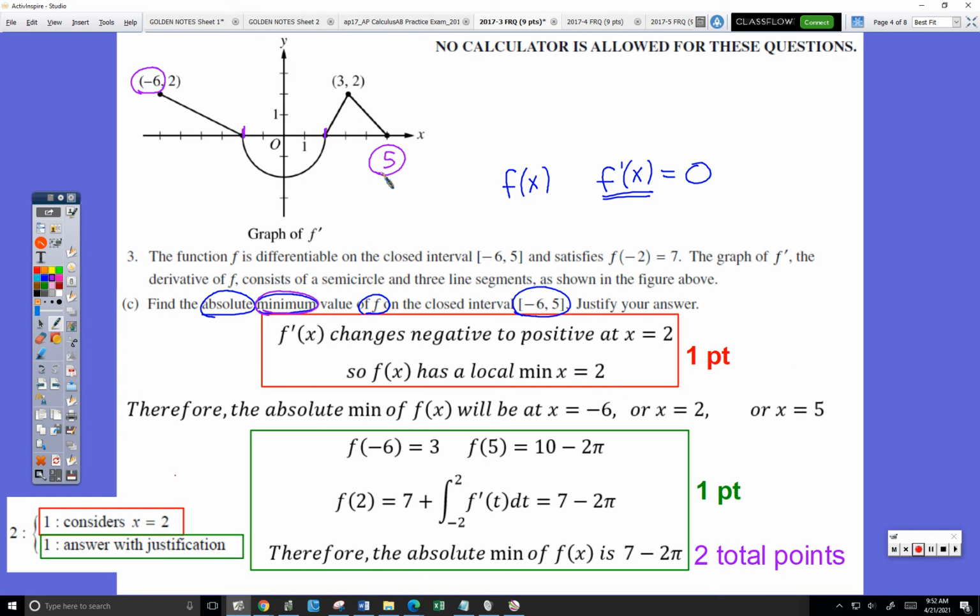And because f prime only changes from negative to positive at x equal 2, the only relative minimum is at x equal 2, which means you'd only have to compare 3 values of f. It doesn't really save you anything, though, because you already knew the value of f at x equal -2. That's given in the problem. So that is an alternate way of doing it to get the 2 total points. It just didn't really help much. The rest of the work is the same.